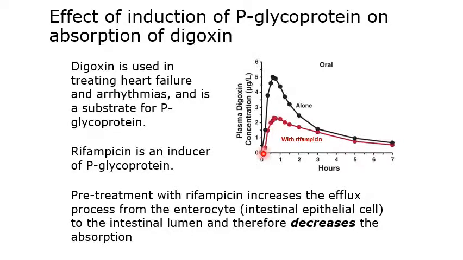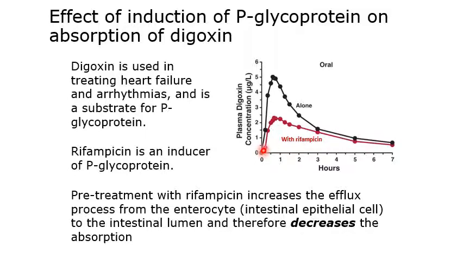Here, rifampicin is an inducer of PGP. Therefore, this will increase the fraction of digoxin that is effluxed out of the cell, and therefore decrease the fraction of digoxin that is absorbed through to the systemic circulation.